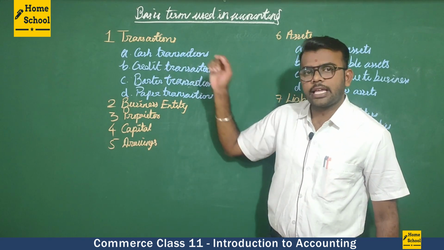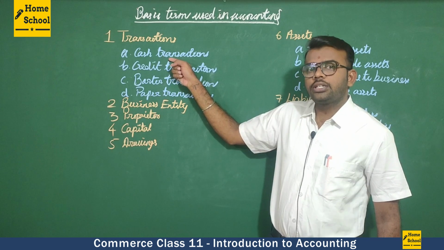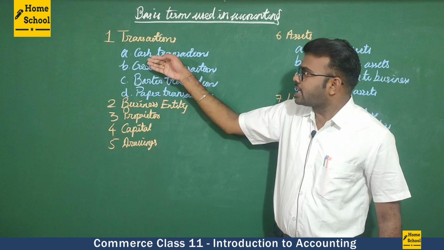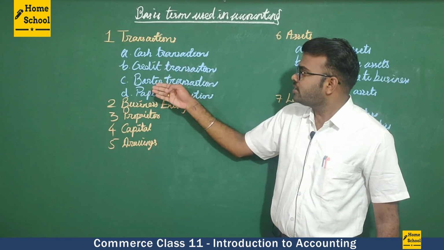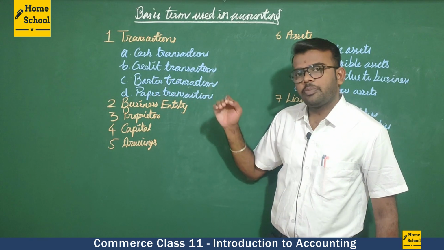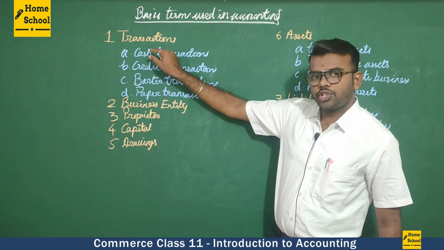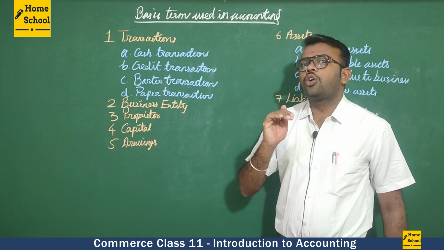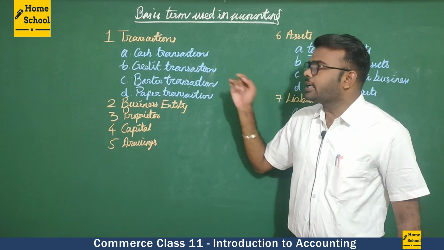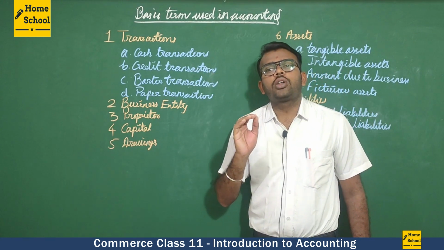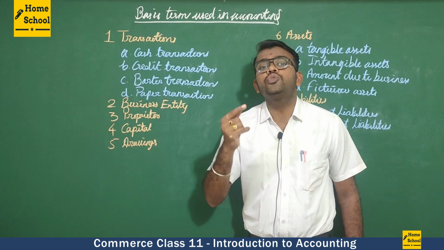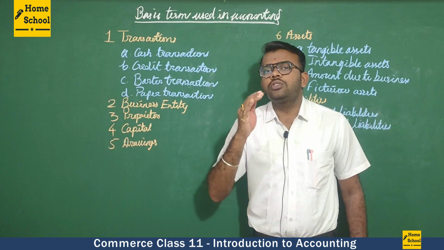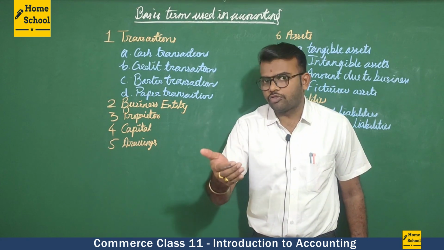That is a transaction. Okay, so next we have the types of transaction. In that we have 4 types: cash transaction, credit transaction, barter transaction, and paper transaction. Cash transaction means receipt or payment of cash is happening on an immediate basis. Credit transaction means receipt or payment of cash is happening at a future date. Barter transaction means we are exchanging one type of goods for another type of goods.